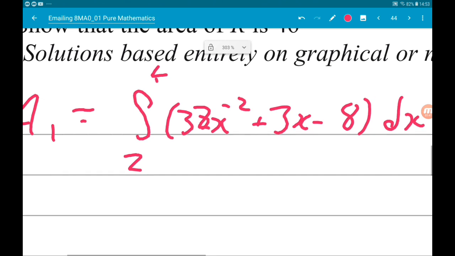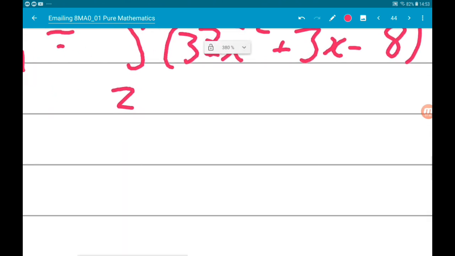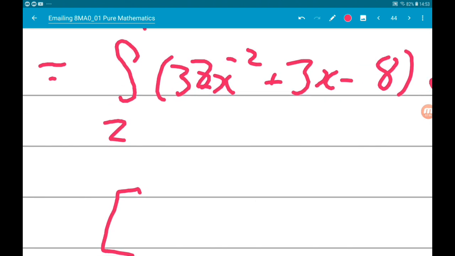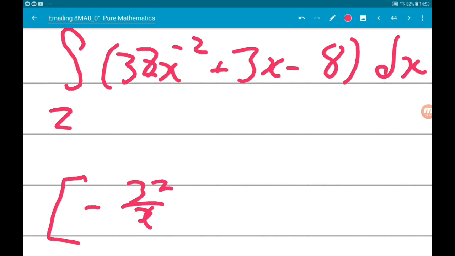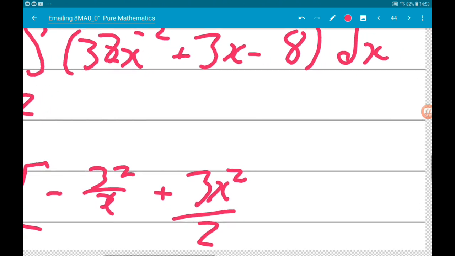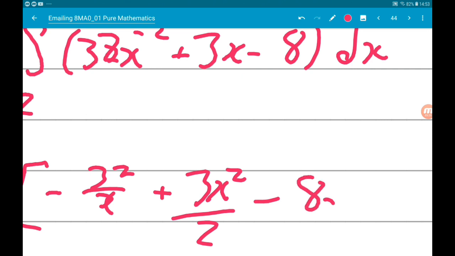So if we do that integral, x to the minus 2 goes up to x to the minus 1, divided by minus 1. So we get minus 32 over x, add 3x squared over 2, minus 8x between 4 and 2.